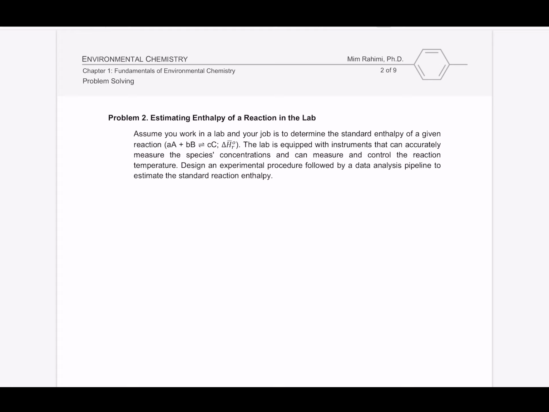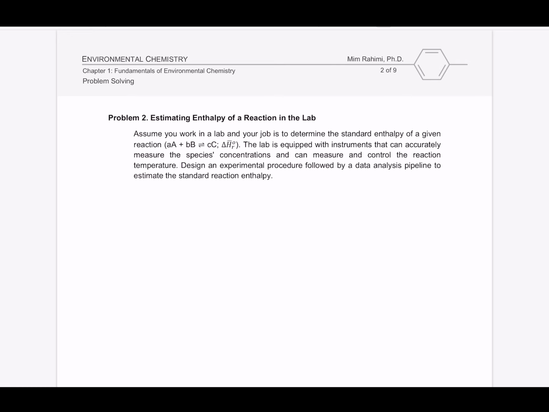Very practical example. So you're in the lab, you have these tools, and you want to do first data collection and then data analysis. Where do we start? We have to have some equations in the back of our mind, the ones we're trying to play with.